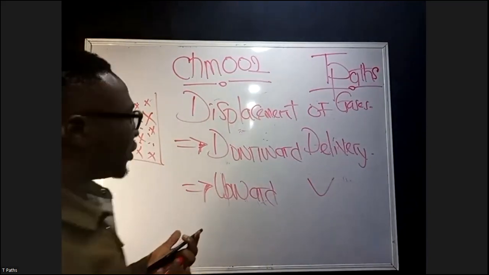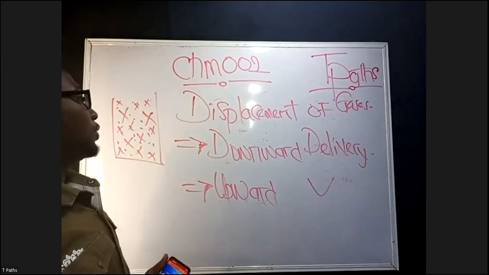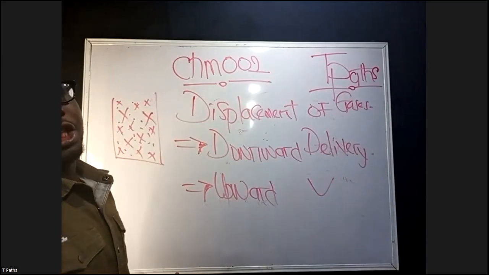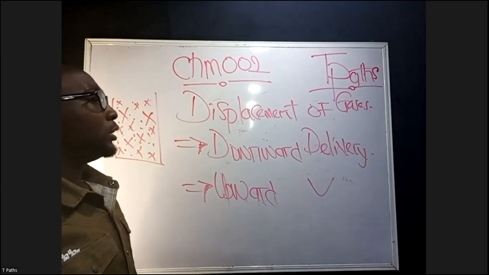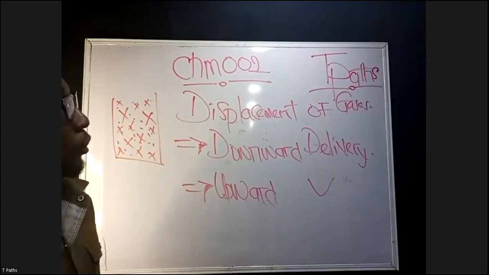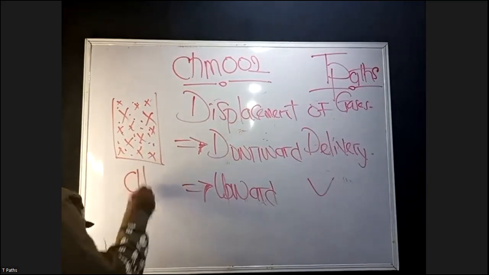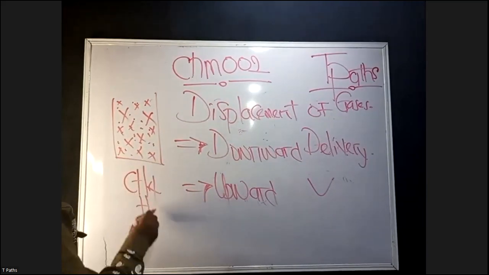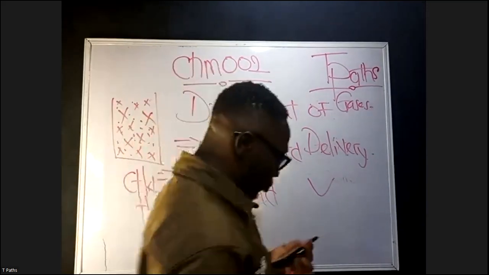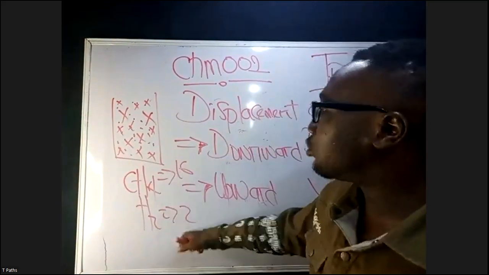Let's say I have CH4, which is methane gas, and hydrogen gas. Methane is CH4 and hydrogen gas is H2. H2 is 2 grams per mole and CH4 is 16 grams per mole.